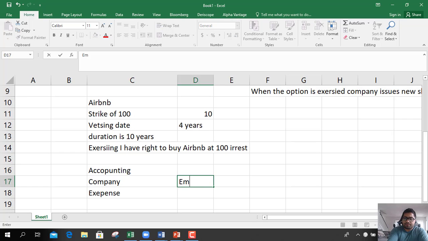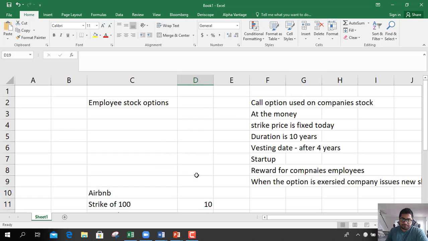For an employee, it is treated as a reward, so you may have to pay tax on employee stock options when they are exercised. So this is the basics of employee stock options. They are essentially a call option issued on company stock, generally issued at the money. Strike price is fixed today.